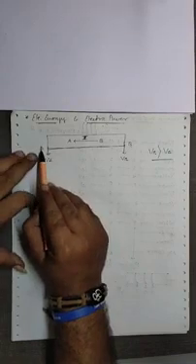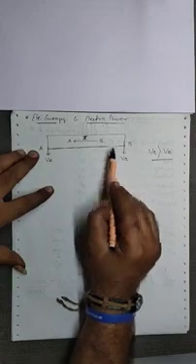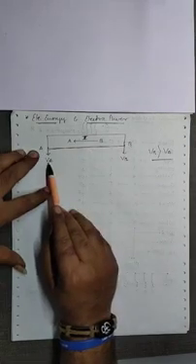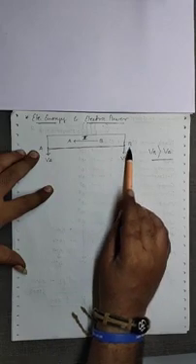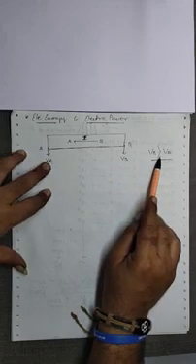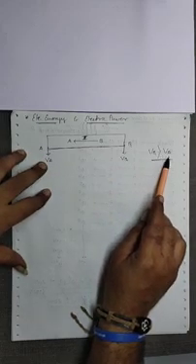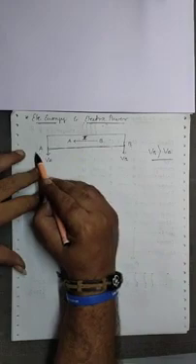Let us consider a conductor with two ends A and B. At A and B, the electric potentials are VA and VB. Electric potential at point B, VB, is more than electric potential at point A, VA. So electric current will flow from higher potential to lower potential.